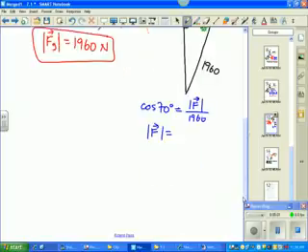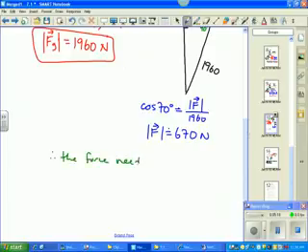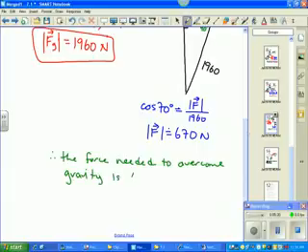The magnitude of our force is going to be approximately 670 newtons. So we can conclude that the force needed to overcome gravity, remember that's what we were trying to figure out, is 670 newtons.